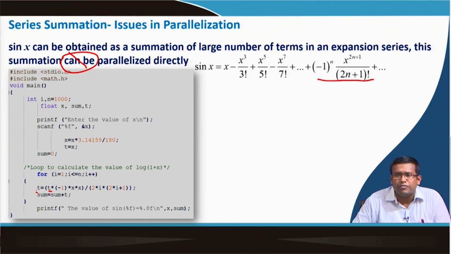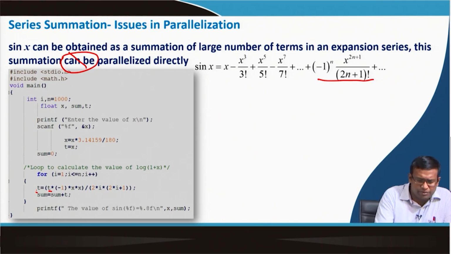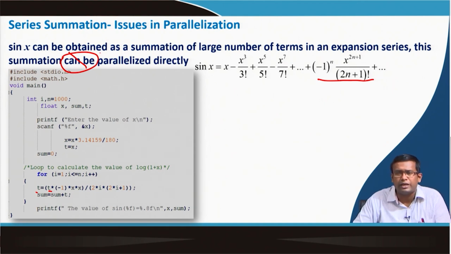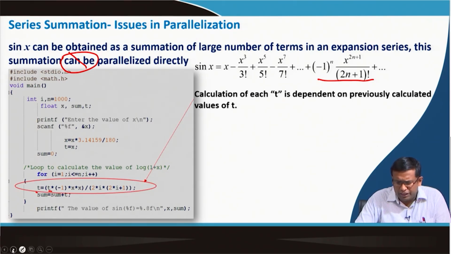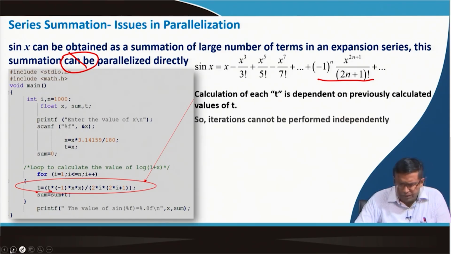So, we cannot ask different processors to do different parts of the calculation independently. If we use this particular algorithm, we cannot do it in an indirect way. There are methodologies of parallelizing this, but the direct parallelization, which I have written here, actually cannot be done. A direct parallelization is not possible. Calculation of each t is dependent on previously calculated values of t, and therefore, the iterations cannot be performed independently.